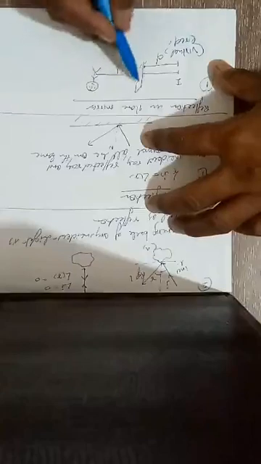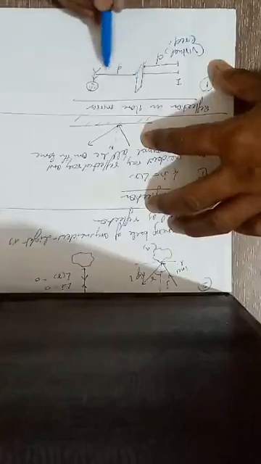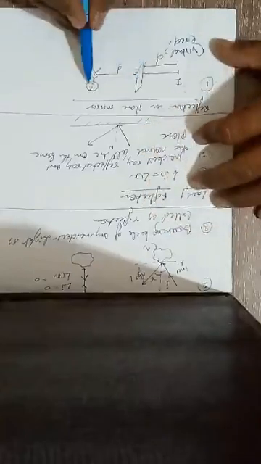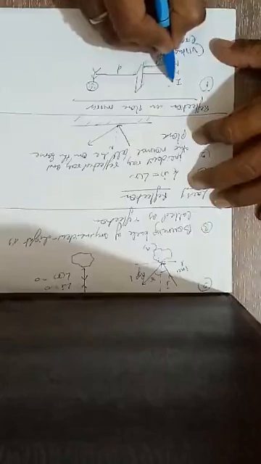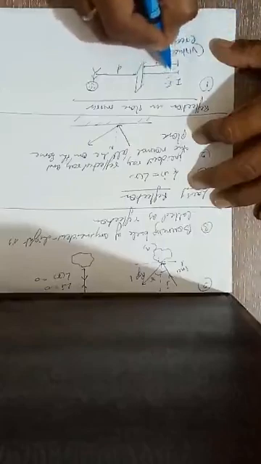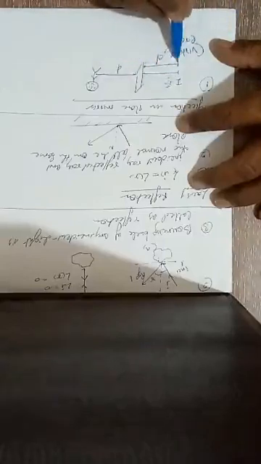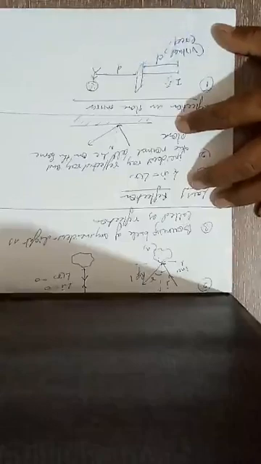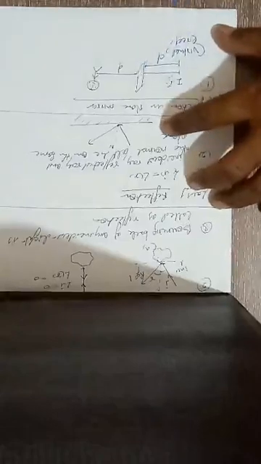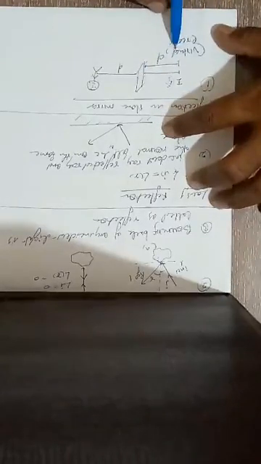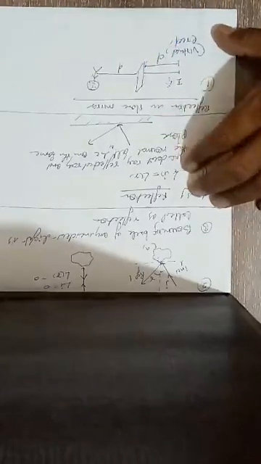Let me repeat it. In a plane mirror, whatever the distance of the object from the plane mirror, the image of the boy forms behind the mirror at the same distance d from the mirror. It's virtual and erect. Now the question arises, what is a virtual image? A virtual image is a kind of image which cannot be obtained on a screen.